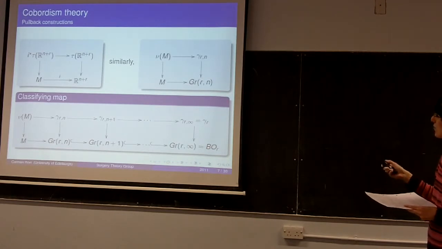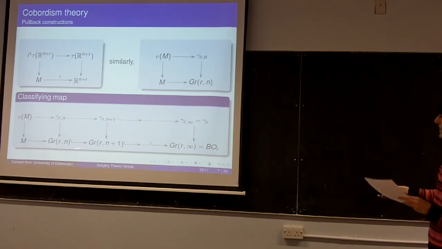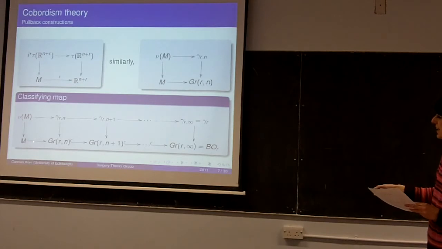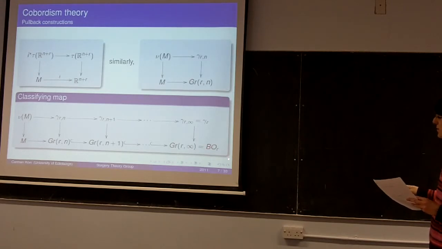Using this, we can put this map here and then find a map from M going all this way up to this infinite Grassmann manifold, or just classifying space. And why is this important?